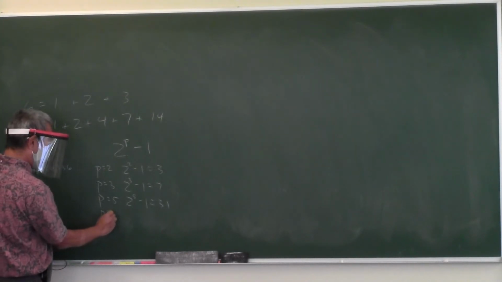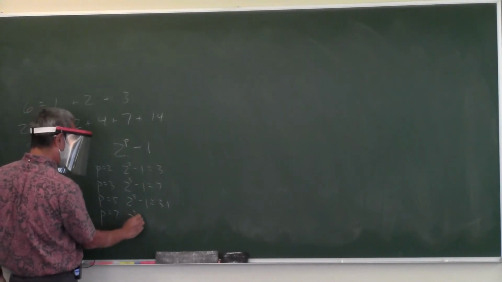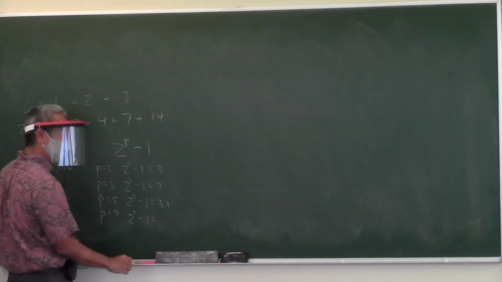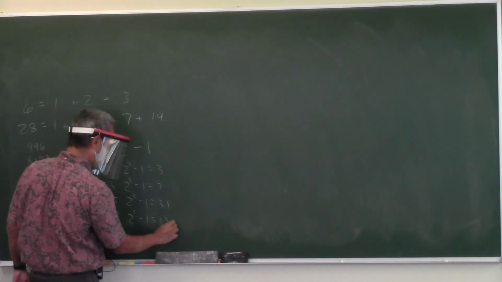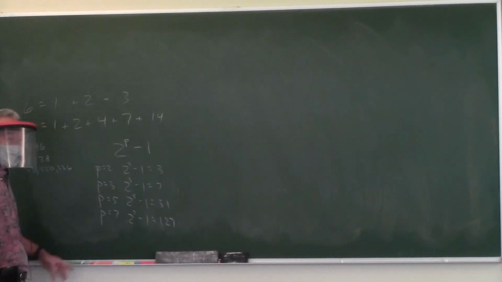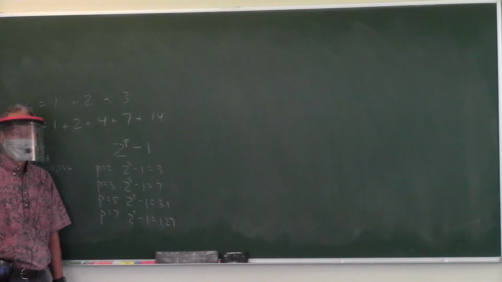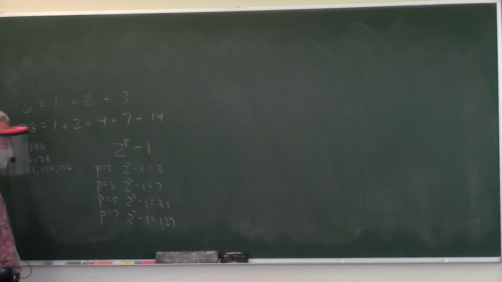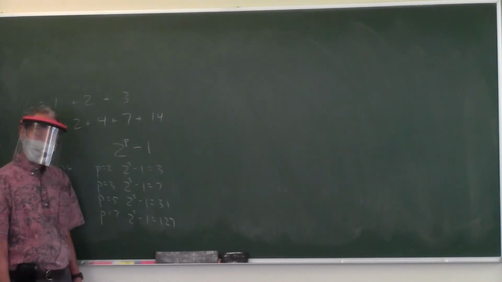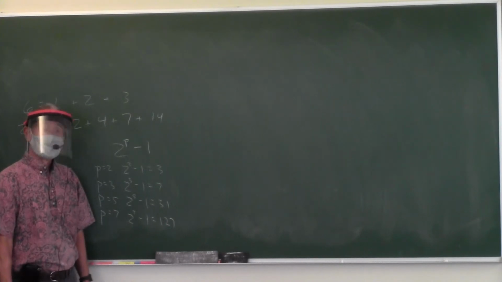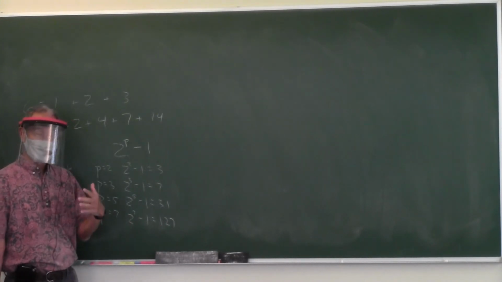What about when p is 7? 2 to the 7 minus 1, what is that? 127. Is that a prime number? You guys don't remember this from the PCH test? So is 127 a prime number? Yes, so 127 is a Mersenne prime.